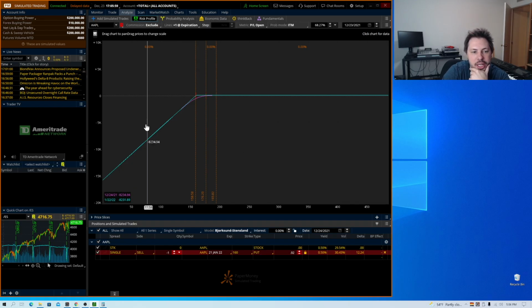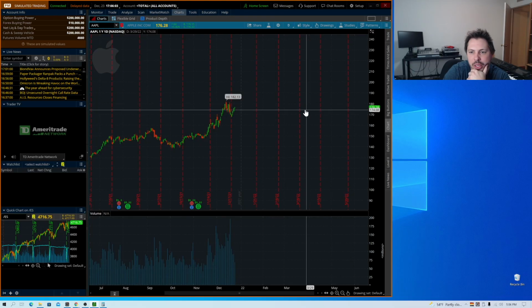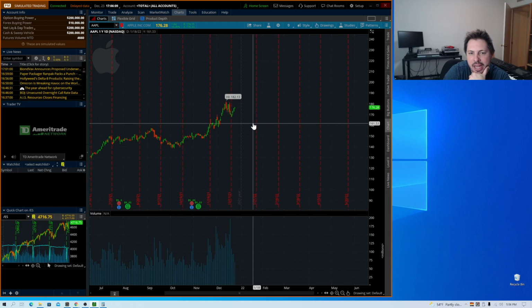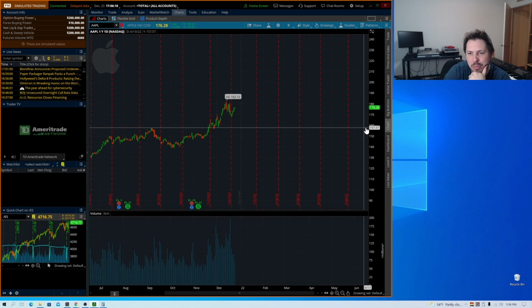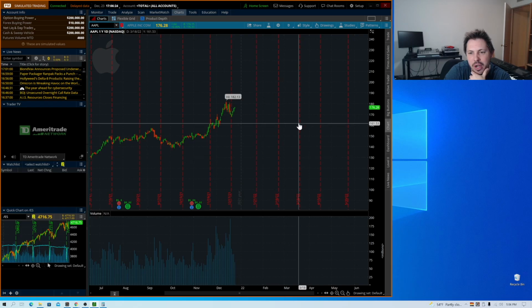Because if Apple trades down and this put is in the money, our max loss would be the strike price that we are long those shares at, minus zero.